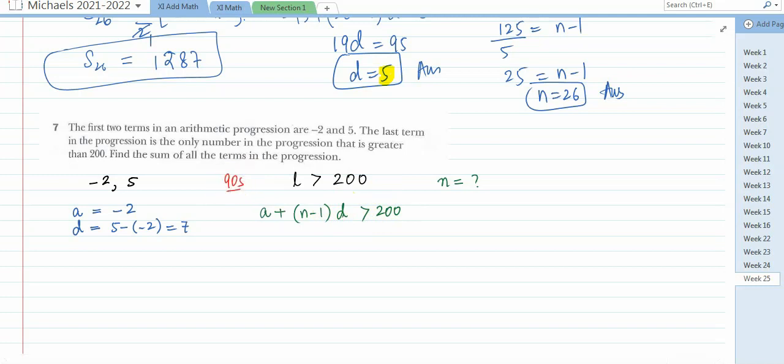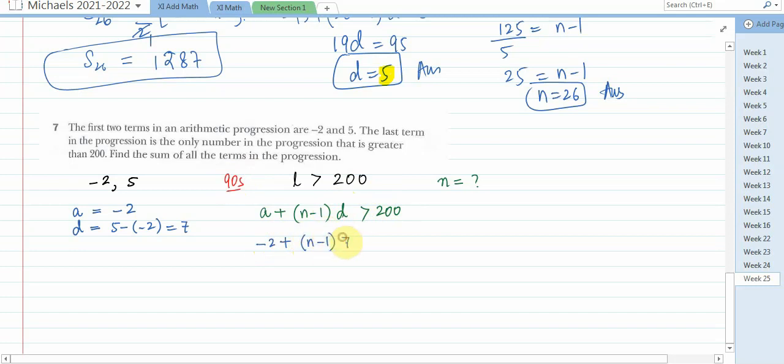Alright. The value of a is minus 2 plus n minus 1, n is unknown but d is known, that is 7, should be greater than 200. Minus 2 on the right side will be plus 2, so that will be 202. n minus 1 times 7. No need to multiply the bracket with 7. When you shift 7 to the right side, it will divide 202.